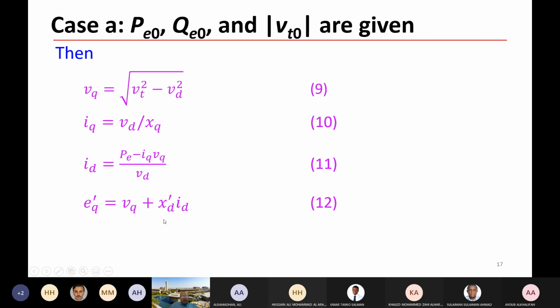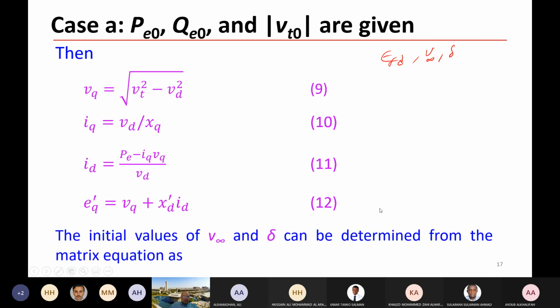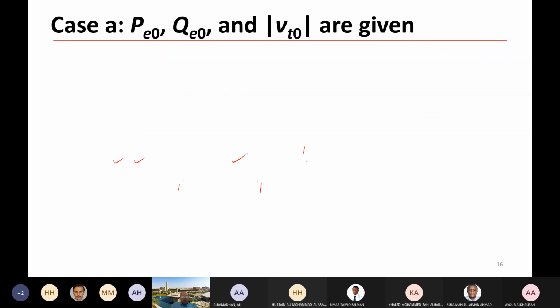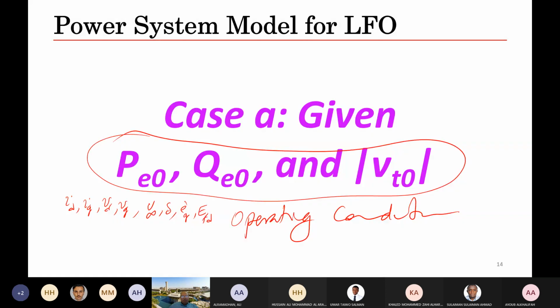So what we need is V infinity. We still have EFD. We need to find EFD, we need to find V infinity, and we need to find the angle. So we still have these three variables. The initial values of V infinity and delta can be determined from the matrix equation that we developed here.